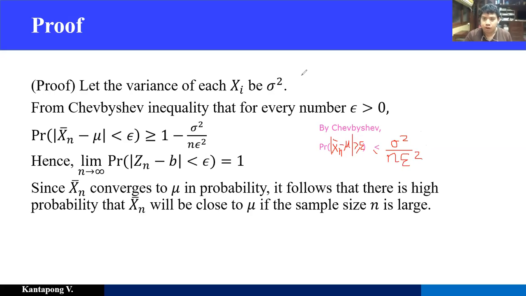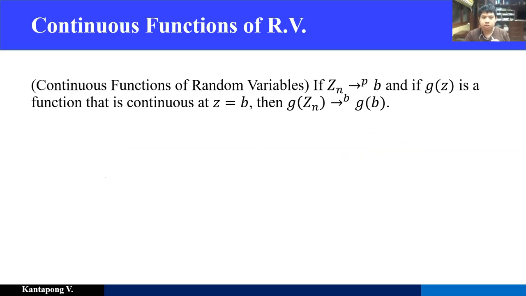From this one it is straightforward: you can go from greater than or equal to less than here. And for this one, if we let n go to infinity, this one is going to be 1. That means xn bar, the sample mean, will converge to mu in probability. It follows that there is a high probability that xn bar will be close to mu if the sample size n is large.